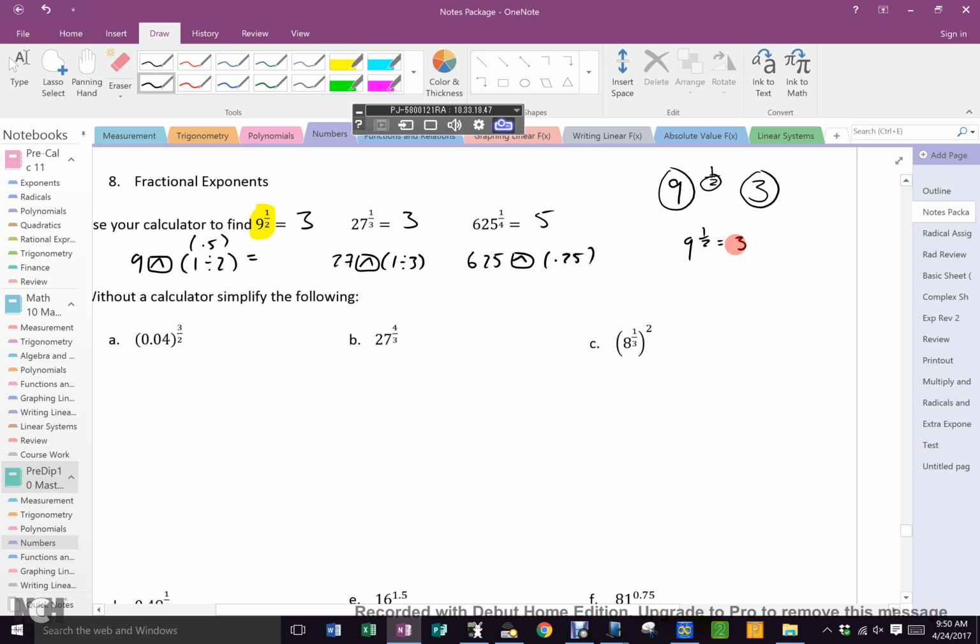What other relationship in this unit of radicals and exponents is there between 3 and 9? The square root of 9 is 3, yes? According to good solid logic, if this equals 3 and this equals 3, then what do we know about this? What goes in that blank?